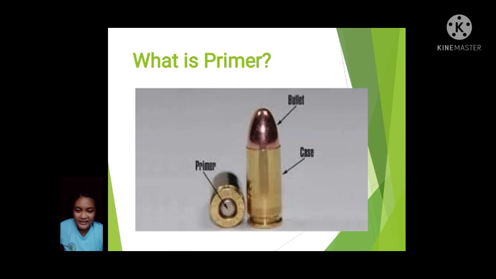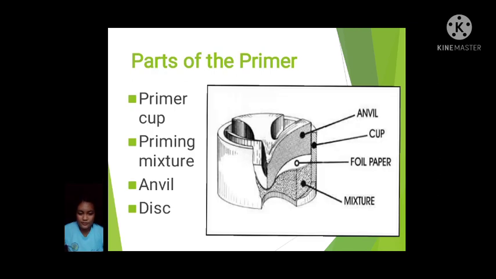Isang bahagi ng cartridge na binubuo ng napakasensitibong pinaghalong chemical na kapag tinamaan ay sasabog. Next, the parts of the primer, we have the primer cap, yung butas dyan. Priming mixture ay yung substance na nilalagay, and the anvil and the disc.